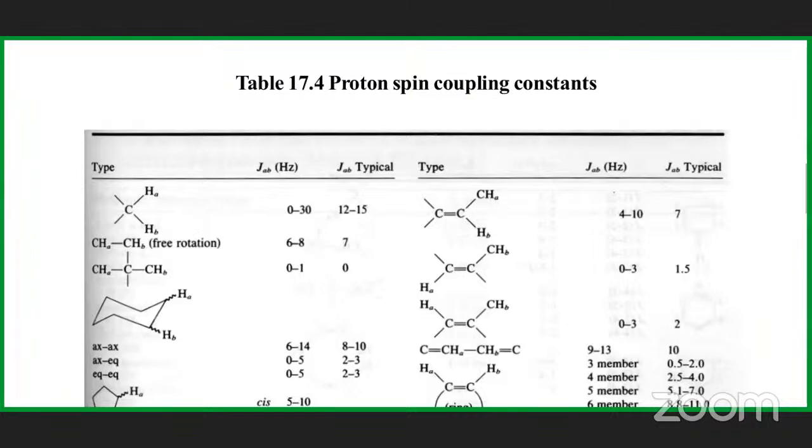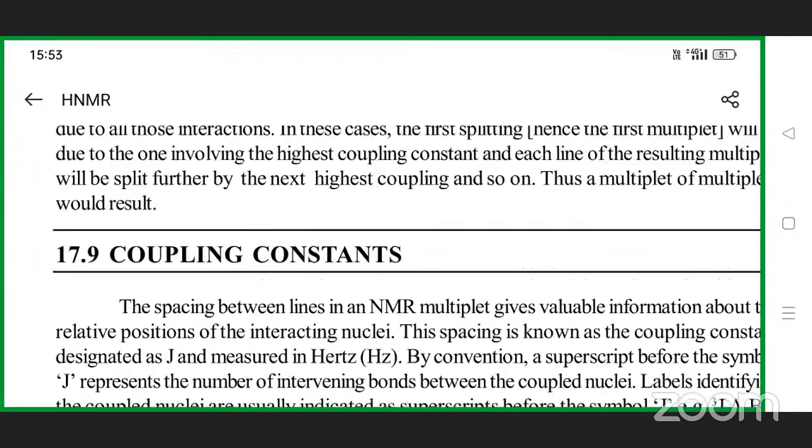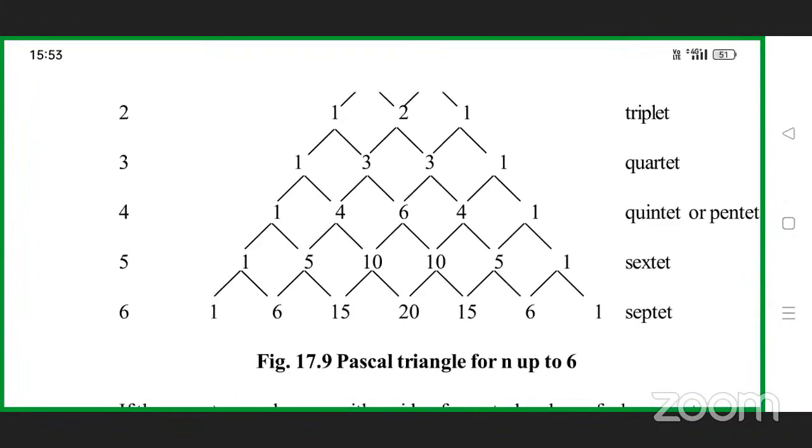Excuse me, sir. In the Pascal triangle, will n be 6 only, or can it be more than 6? It can be more than 6.